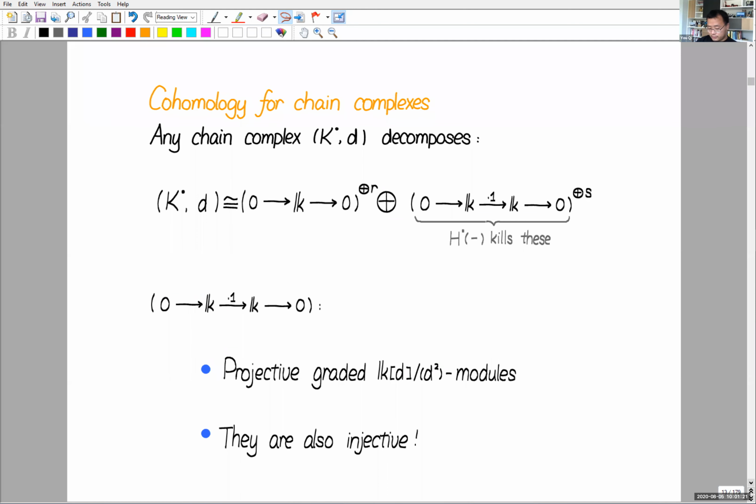So we went back and re-examined the cohomology of chain complexes using this language and found that taking cohomology is a way of killing projective-injective objects.